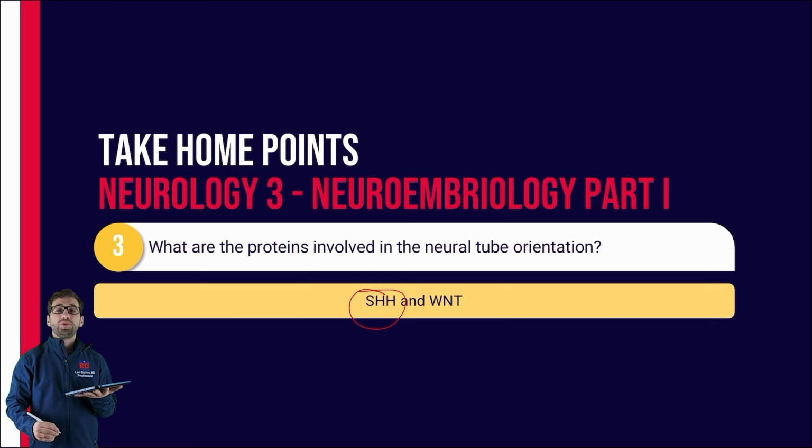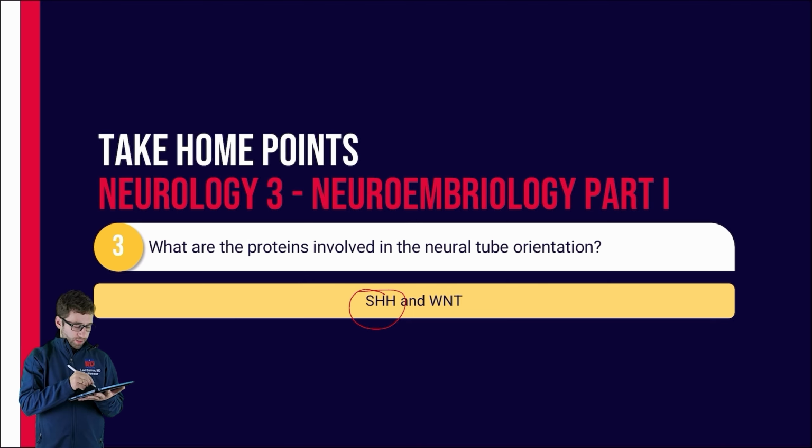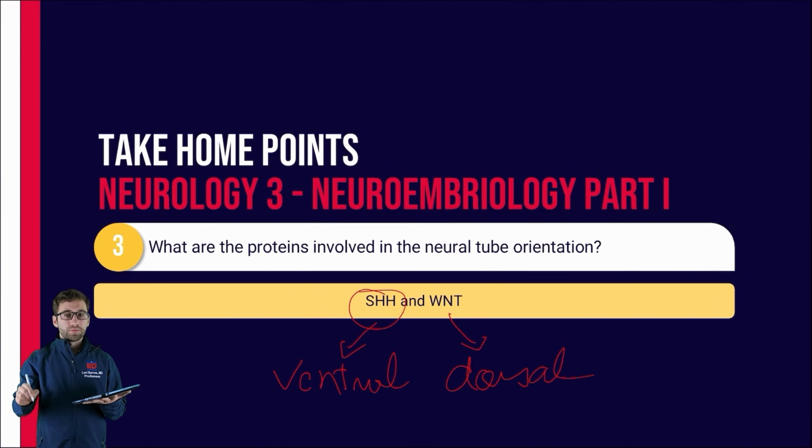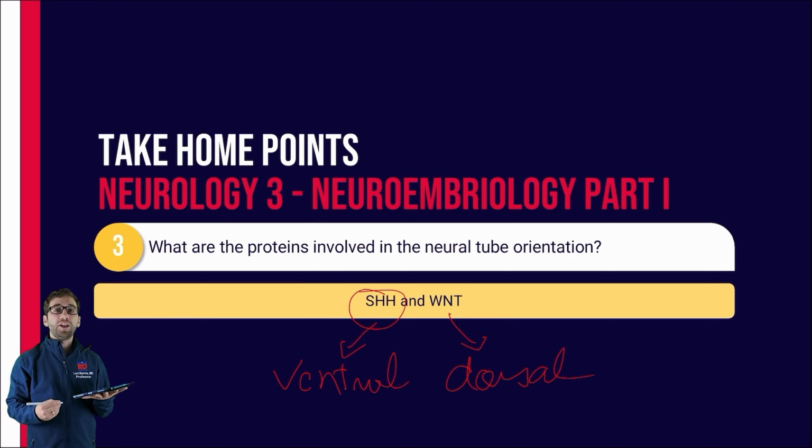SHH is secreted from the notochord and ventralizes the neural tube, while WNT proteins are involved in dorsalizing signals. So this one is more ventralizing. This one is more dorsalizing. Okay, the balance between these signals ensures proper patterning and organization of the developing nervous system.